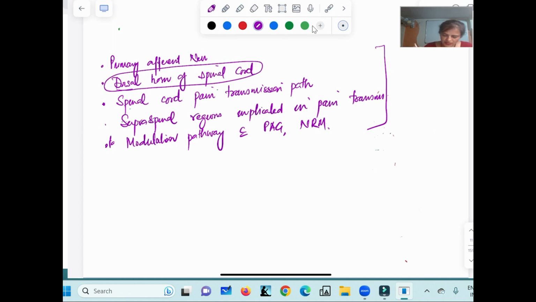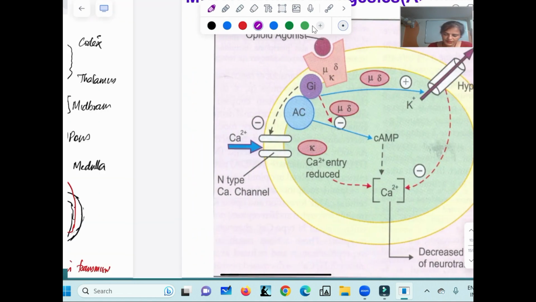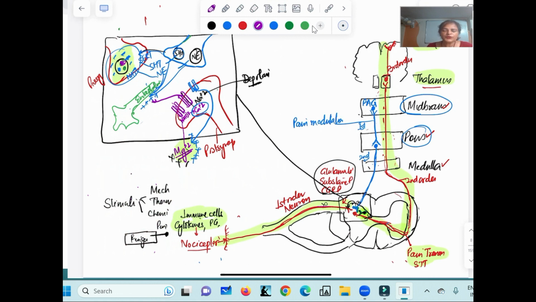ये हो गया, ठीक है। यहाँ पे भी ये सेम करेगी. Now it is going to bind, फिर again I'll go to that figure. So it is going to bind where, it is going to bind this with the inhibitory pathway or pain modulation pathway, which is sending the inhibitory influence to this spinal cord pain transmission pathway by the release of 5-HT and norepinephrine.